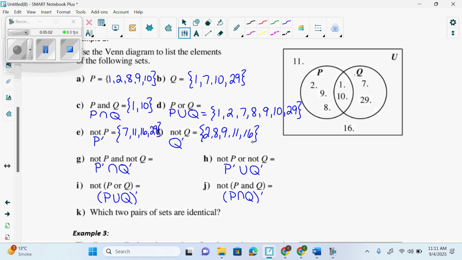Not P and Q, I would rewrite it as P, Q, the not outside, and the and becomes an or. So I want what's not in the snowman, correct? Which is just 11 and 16. Which is exactly the same as this, 11 and 16. I don't know why I didn't put the brackets.